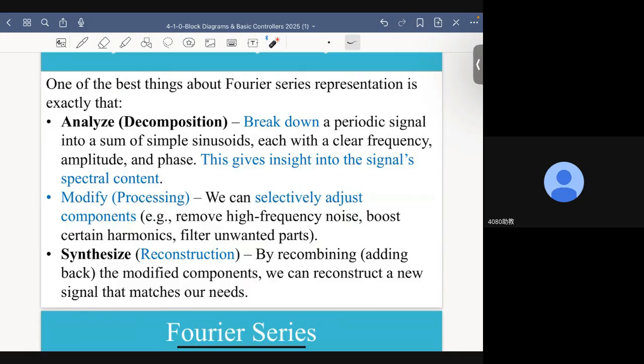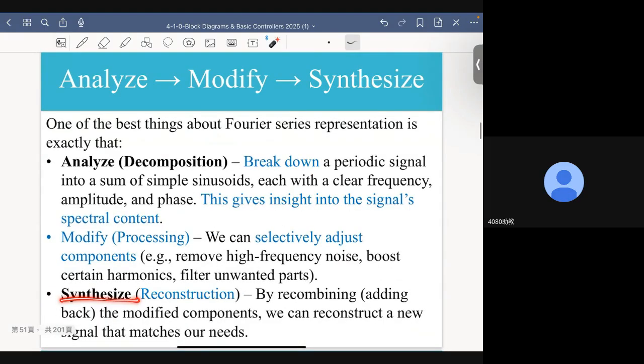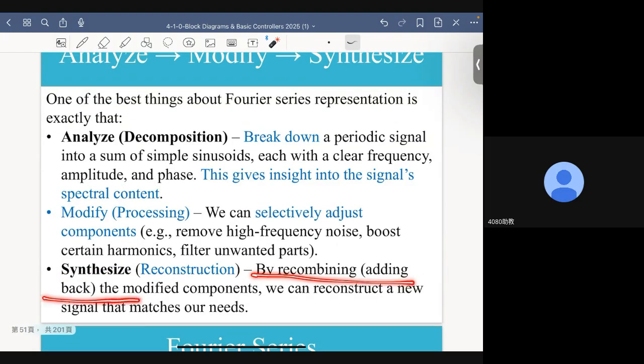And then remember, this is a three-step process: analysis, modify, and the final step is, of course, synthesis, which means reconstruction. By recombining, adding back the modified components, we can reconstruct a new signal that matches our needs, okay? So that is the fundamental goal of signal processing.